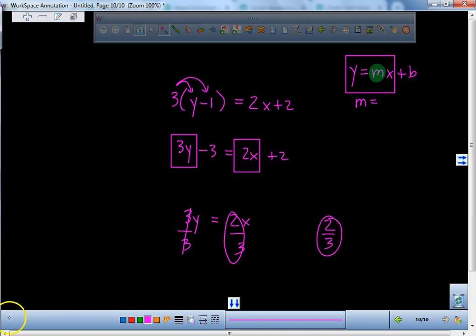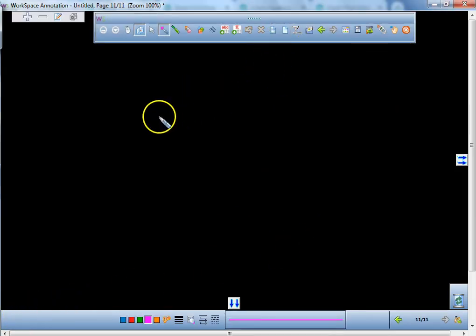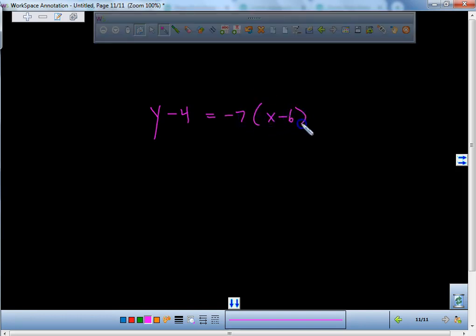Okay? All right, here's another problem. Go ahead, tell me your problem. Y minus 4 equals negative 7, x minus 6. Now, this is in point slope form, everybody.